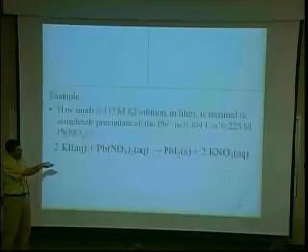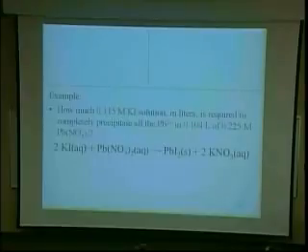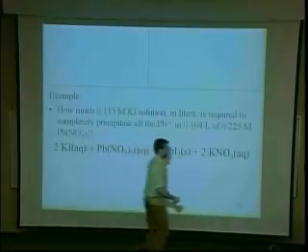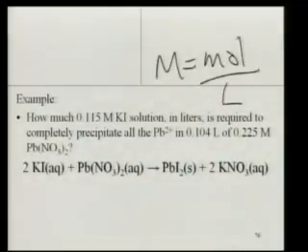So here we go. 0.104 liters of a 0.225 molar lead 2 nitrate solution. What can I do to get to moles? Remember this. We know this to be true. So what can I do?